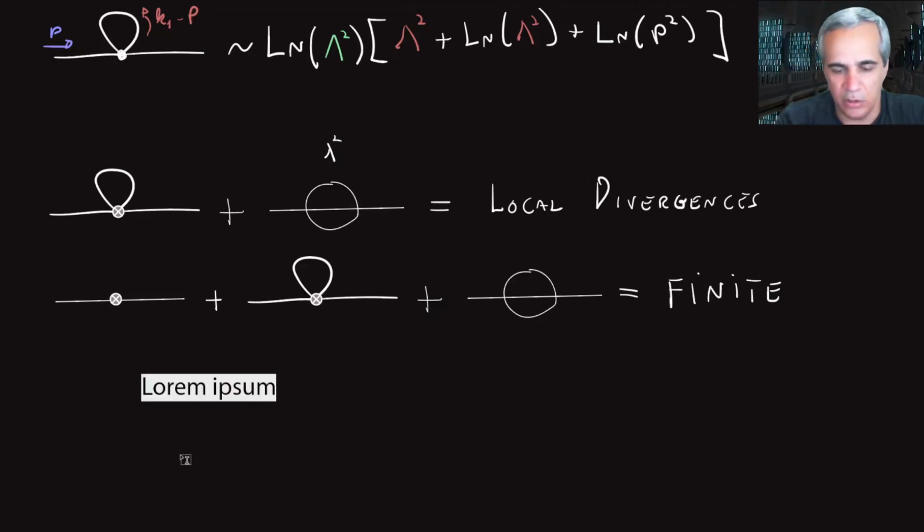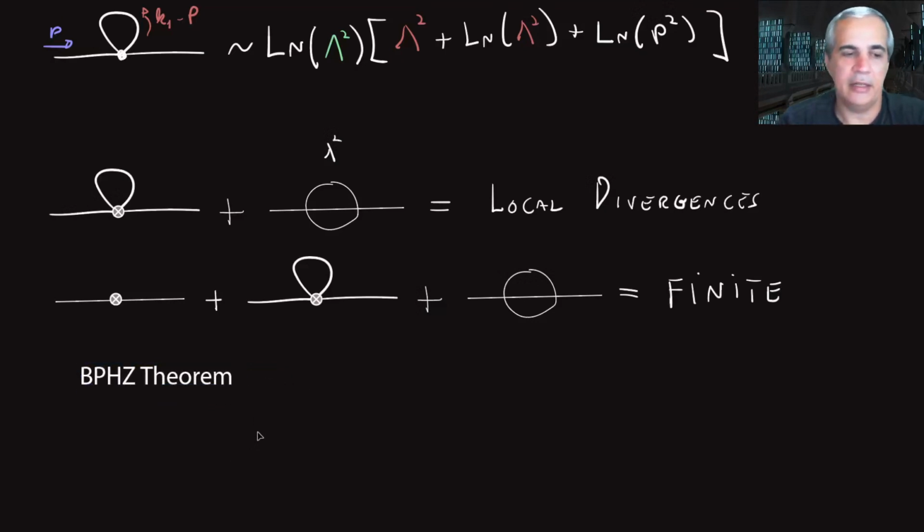This is called the BPHZ theorem. You know that by doing that redefinition that made the counter terms appear in my Lagrangian, all the divergences at all orders in perturbation theory and for arbitrarily large endpoint functions have been eliminated, right?